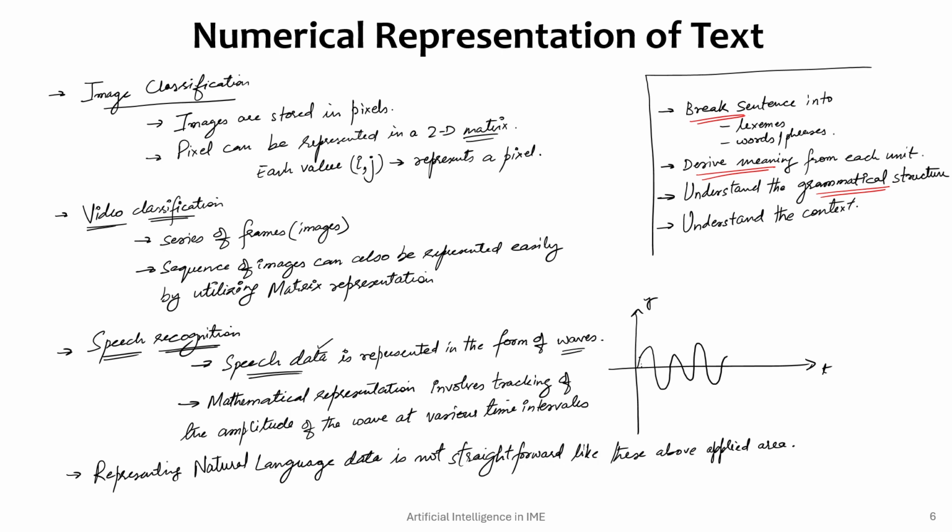So, that is why you need to develop different kinds of models for different languages. After that, you also need to understand the context, which is very important. So, what is the actual context of the sentence or the whole document? That is the final part of your numerical representation. So, these are the broad steps that we need to perform while modeling our natural language data.